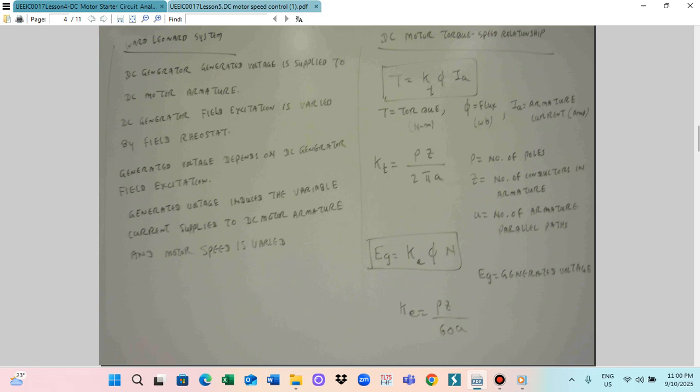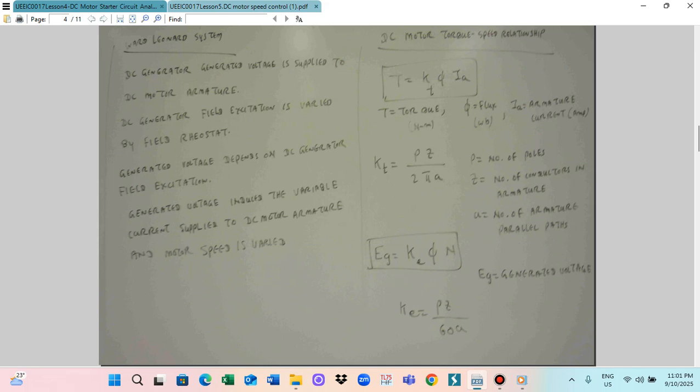K is a constant, phi is the flux, and IA is the armature current. The armature current is in amperes, T is the torque in Newton meters, and flux is in webers. So T is equal to K phi IA. This is the torque equation for the DC motor.